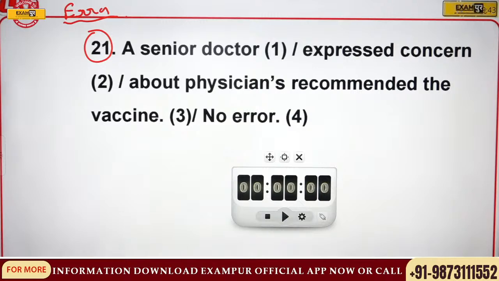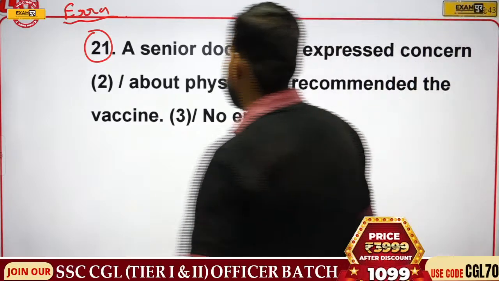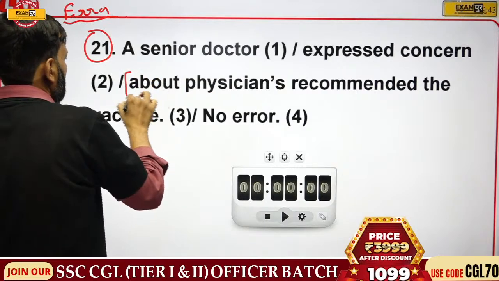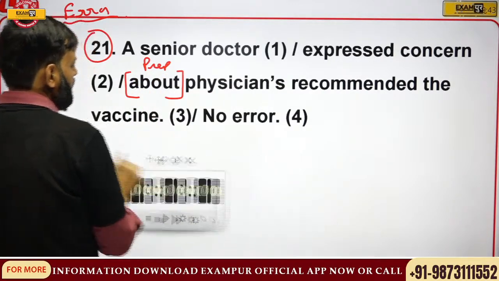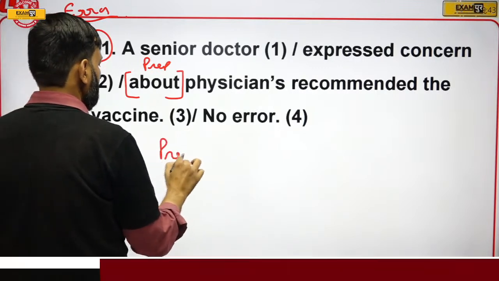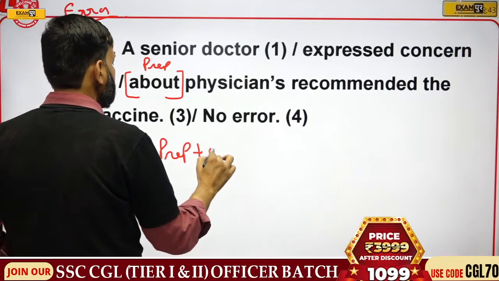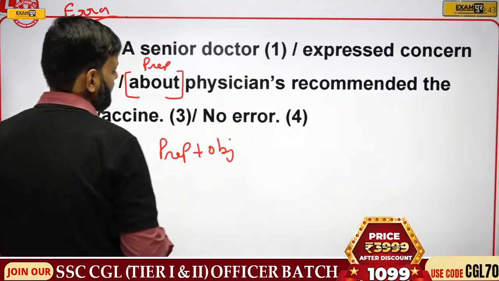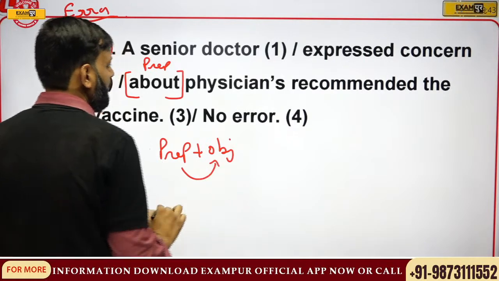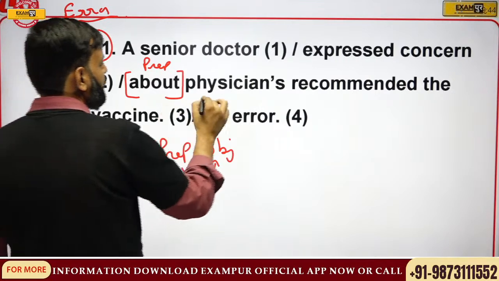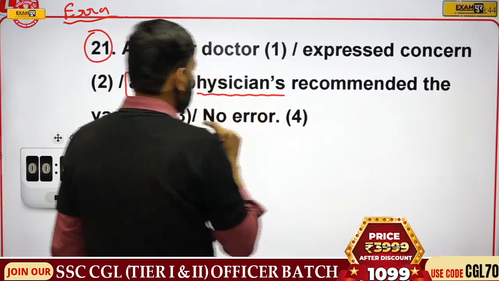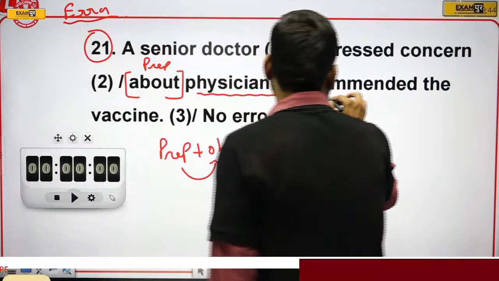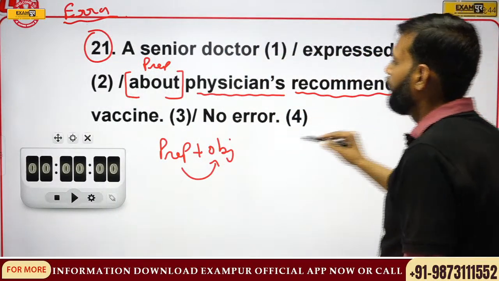See, let me explain. Here, about is a preposition. Okay, and a preposition is followed by an object. Here after about, physicians is there. Now here we have physicians recommended the vaccine.